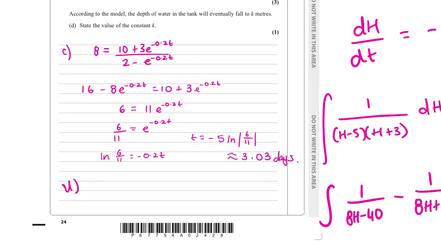This is when we have 10 plus 3e to the minus 0.2t over 2 minus e to the minus 0.2t. Essentially, this is going to give an estimate of 10 over 2, which is going to give me 5.